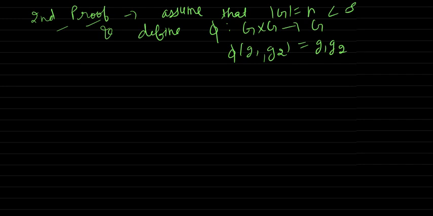Now if we see the kernel of this phi, the kernel of this phi is what? Those elements in G which fix all elements of G.